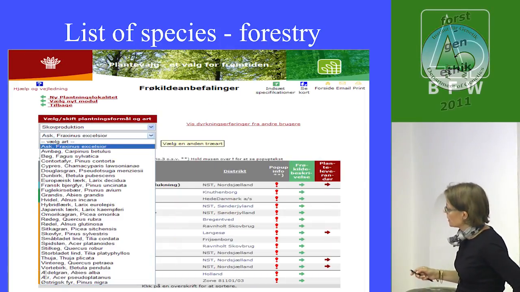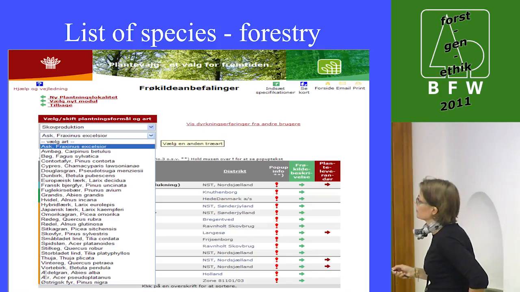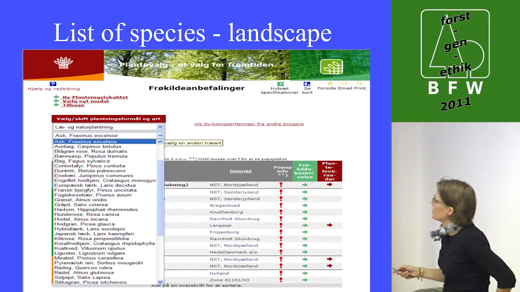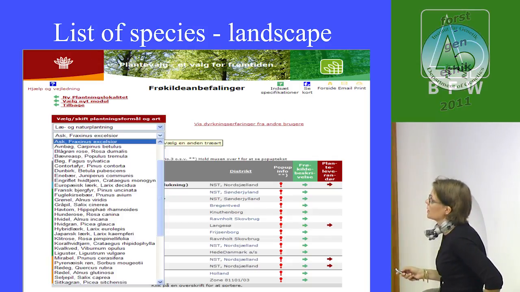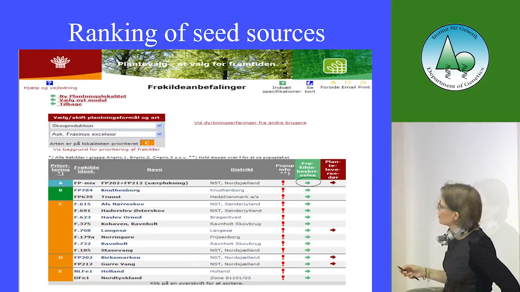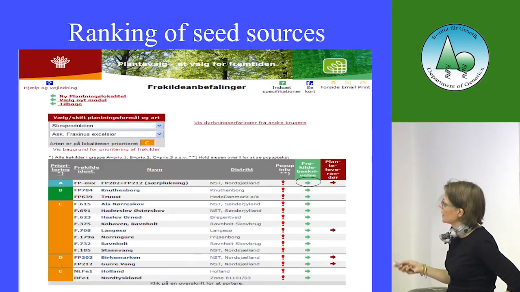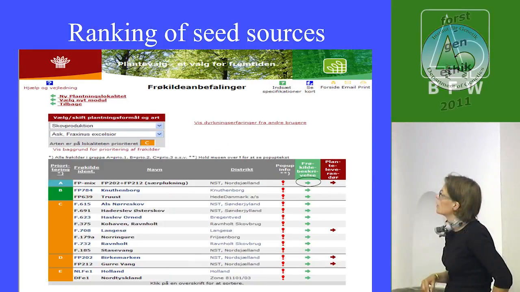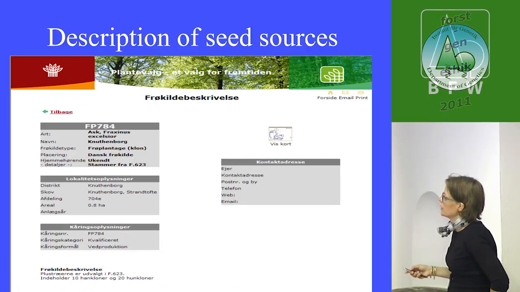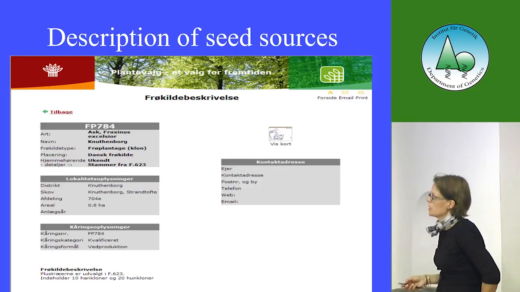And you can see here, if you select forestry, you get a long list of species, while the list will differ if you select a landscape. You will also get all the shrubs here. And you go and you select, and you get the ranking. And then if you are here, you can click on this, the green arrow, and you can get a description of the seed source.